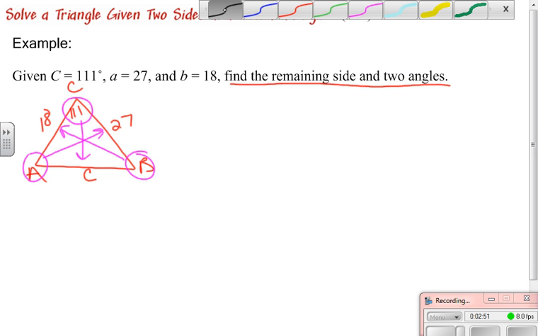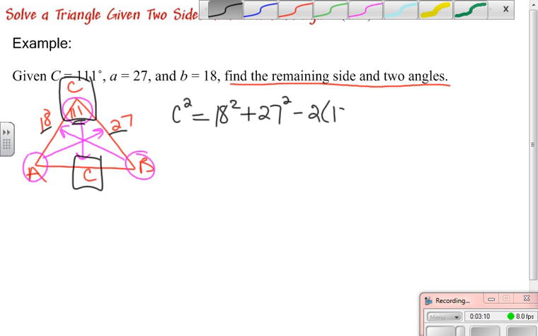So what I am going to do is start with C and side c, because I have side, angle, side. So I'm going to start with c squared, and that's equal to the other two sides squared and added, minus 2 times those two sides times the cosine, again opposite the side I started with, the cosine of 111.